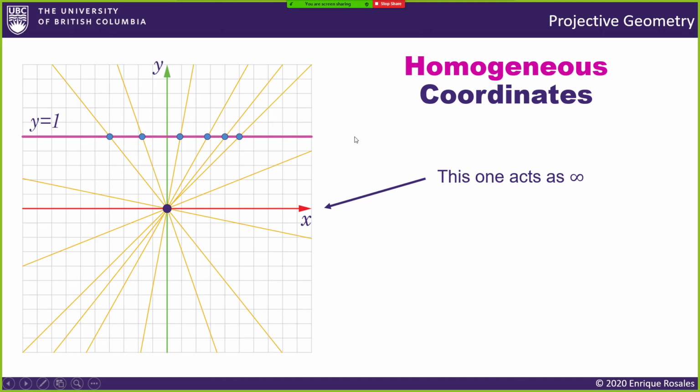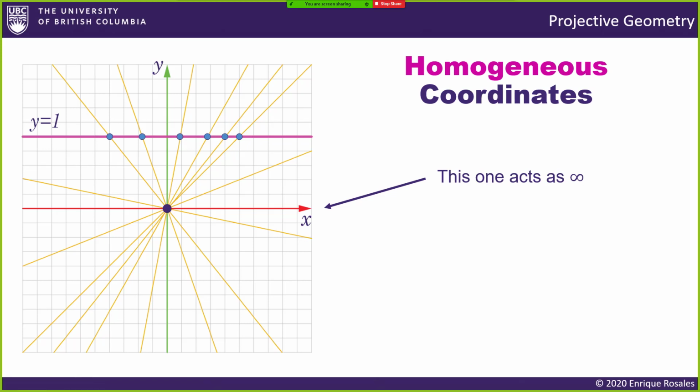Do you agree? Almost every point, right? So the only points that are not able to touch that line are basically the infinite points, the ones that we consider, oh, that point is at infinite. Those are the ones on the y coordinate equal to 0. Good? Yeah, y equals 0. Thanks, Laura.